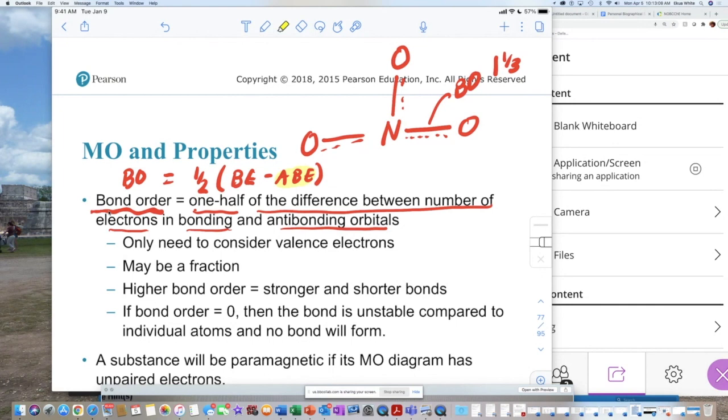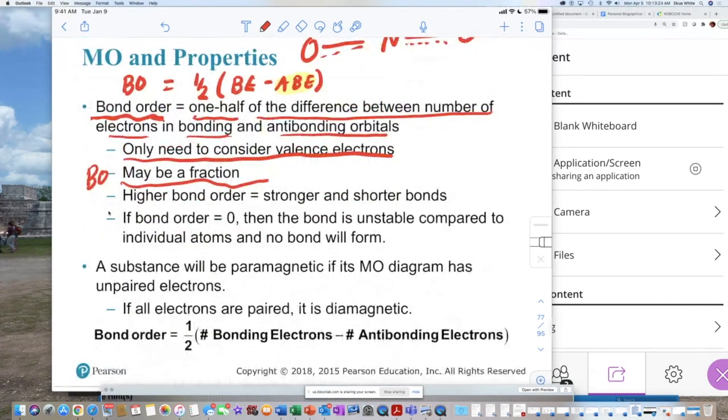Okay. So in this process, we're told we only need to consider valence electrons. Only use valence electrons when you're drawing your molecular orbital diagram. The bond order may be a fraction. Okay, once we get our bond order, what does it mean? If we get a higher bond order, that just means the two elements are bonding with a stronger bond and the bond is shorter.